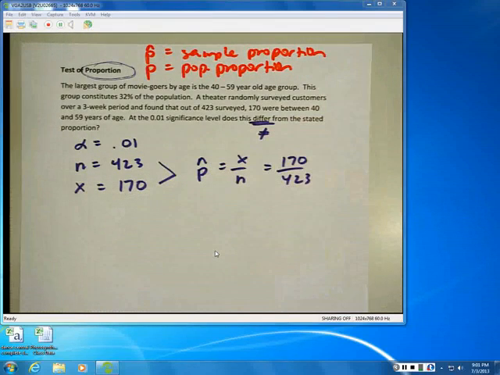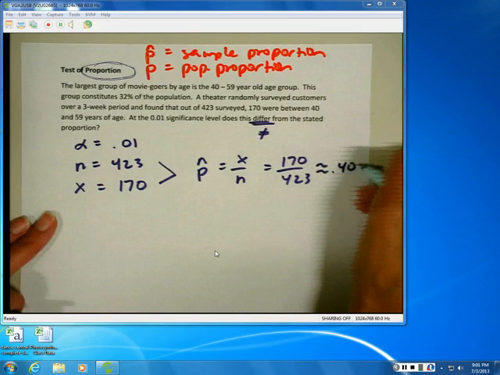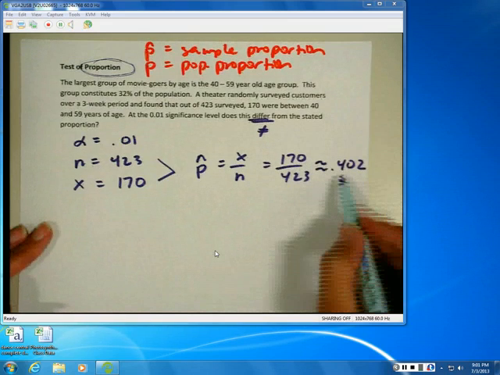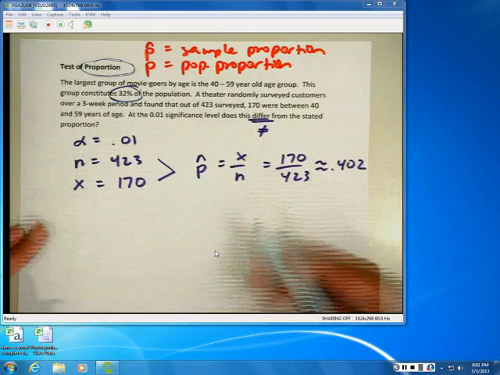When you run your test on the calculator, it does most of this work for you, which is great, but I'll put it here just so you can get an idea. 170 divided by 423 is about 0.402, so it's about 40.2%, which seems bigger than the 32%.